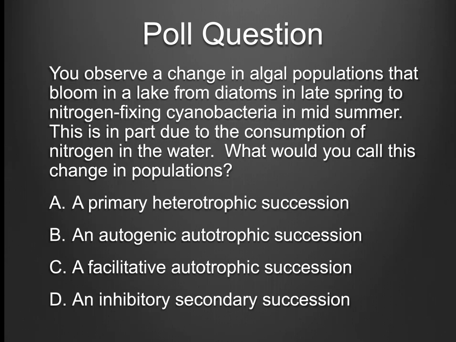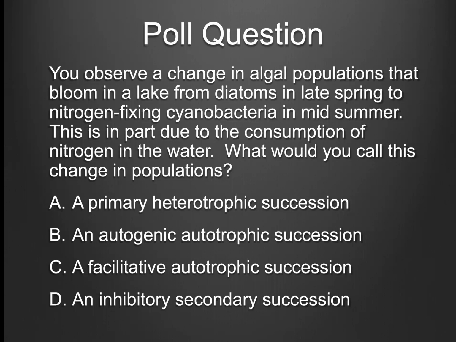Maybe look back in your PowerPoint. What did we say? What did you put in your notes for autogenic? Does it talk about primary producers being the dominant? And there's more. So autogenic doesn't have to be primary producers. So don't be confused by the auto, right?